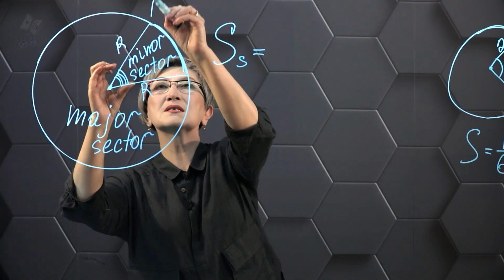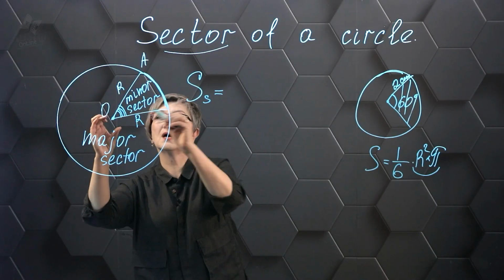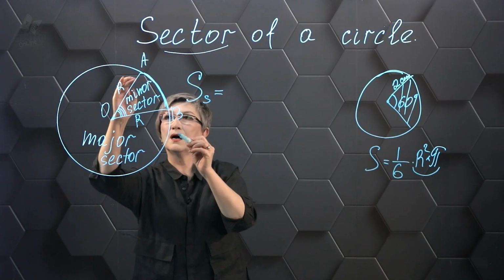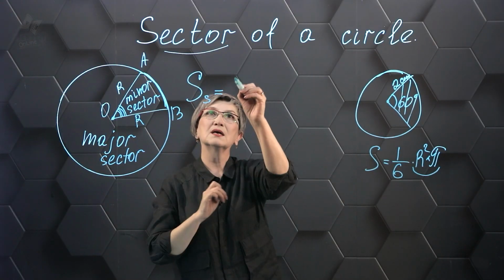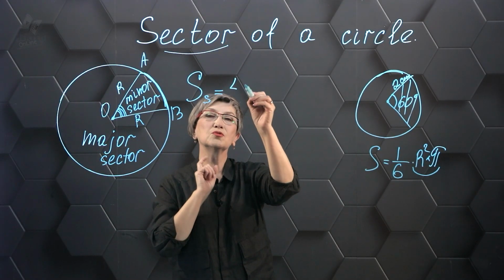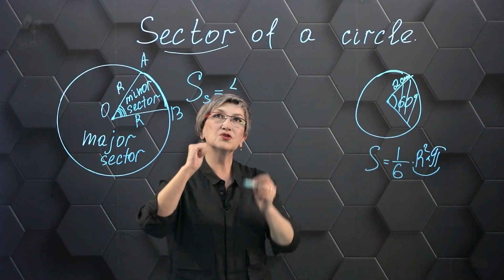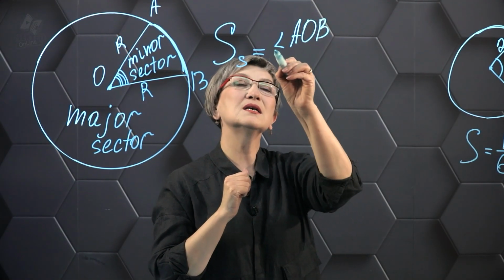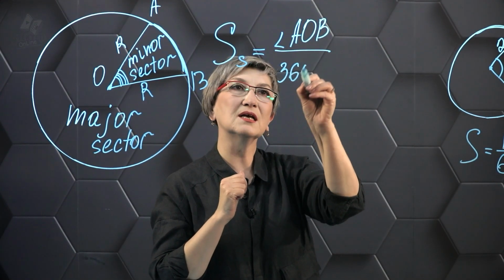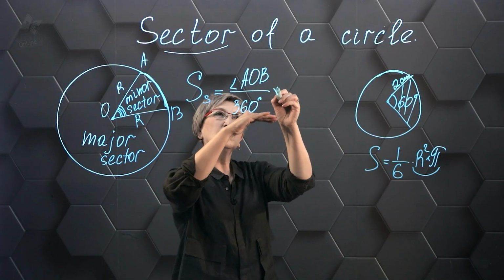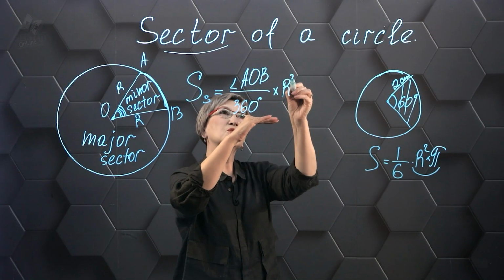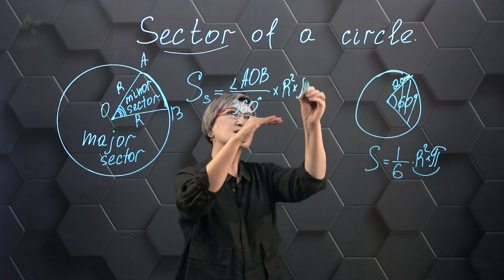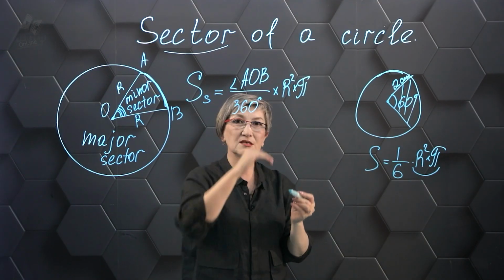If we denote this angle as AOB, then in order to find the area of the sector, we need the angle AOB divided by 360 degrees and multiplied by the area of the circle, which is calculated by the formula r squared times pi.